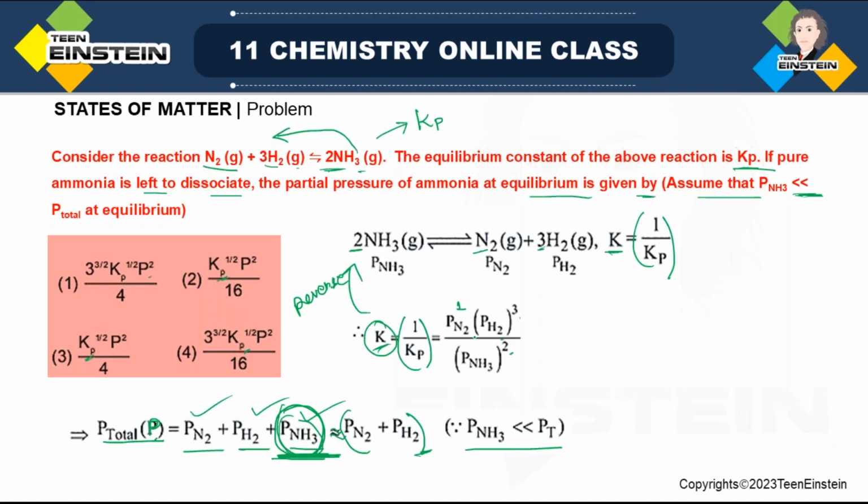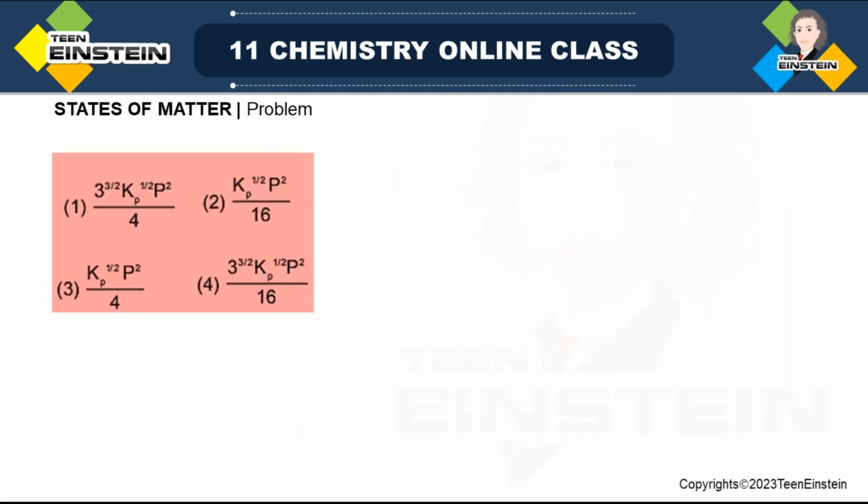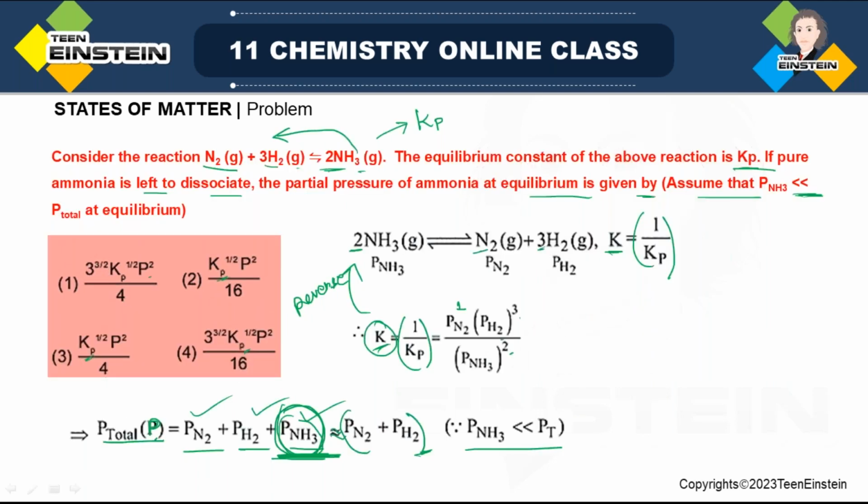Now if it is so, next, what changes we can write in this expression of 1 by Kp, that we have to see. So same question. Individually we will now find out what is the partial pressure of nitrogen, what is the partial pressure of hydrogen, because once you know these two values, you can put them here, and from this you can find out the pressure of ammonia, because that is actually what you have to find.